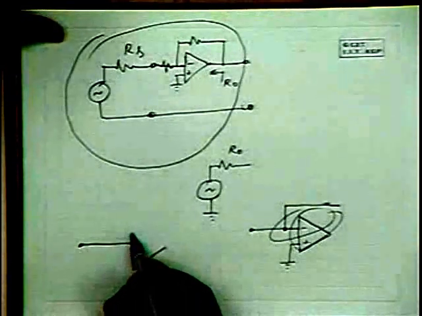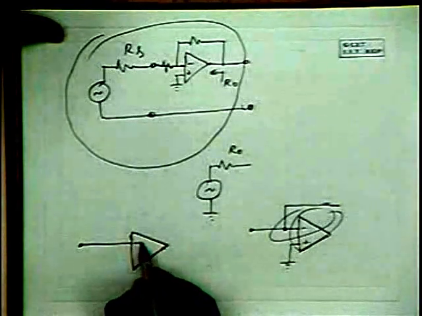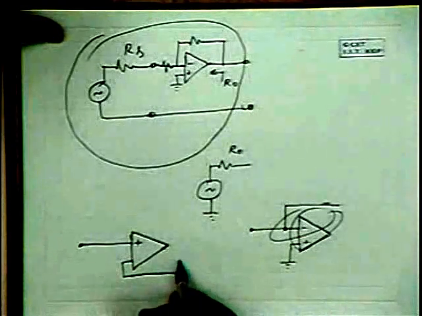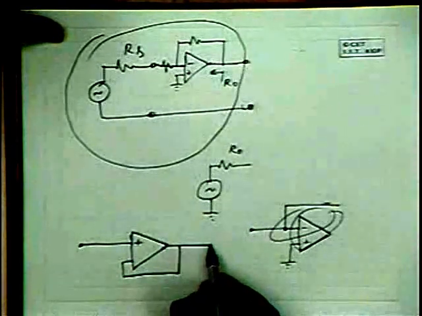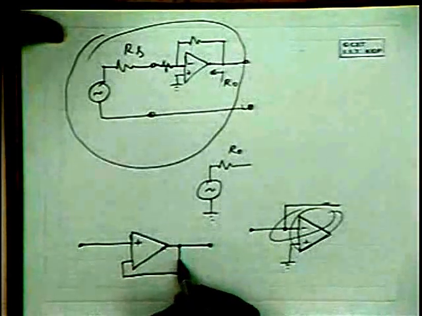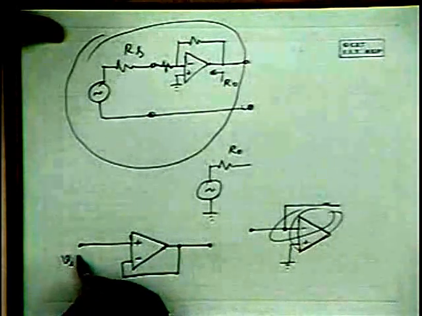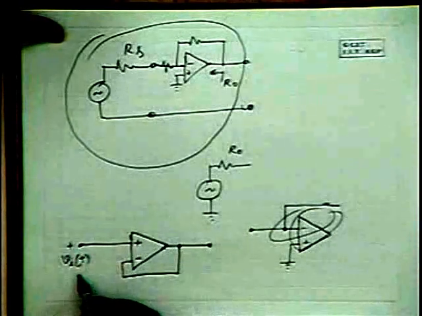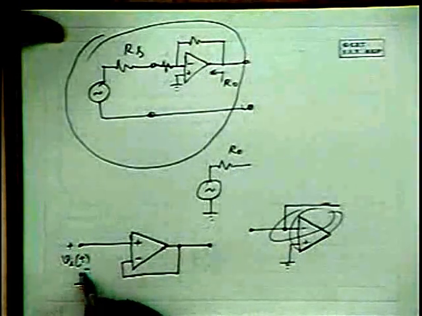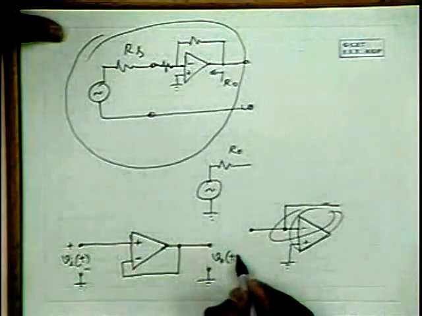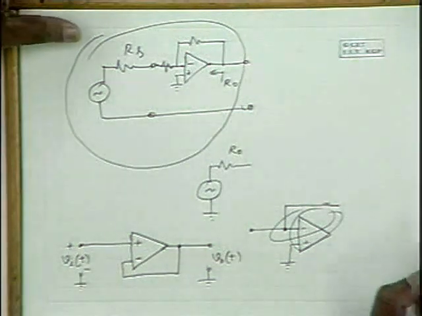You apply the input to the non-inverting terminal and provide feedback, a short between the output terminal and the inverting terminal. Now if I apply Vin here, you will get Vout, which is equal to Vin itself.